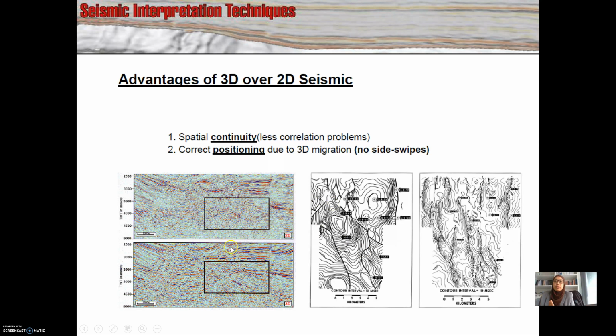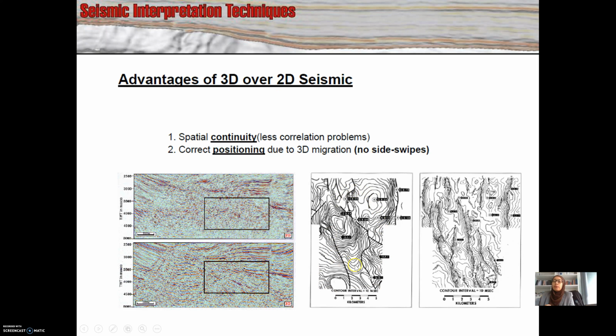So this is showing the results of 2D and 3D for the same particular location of lines, where just the acquisition has been improved from 2D to 3D domain. So you can see that we can have a better image of the reflectors in this rectangle compared to the one in 2D.